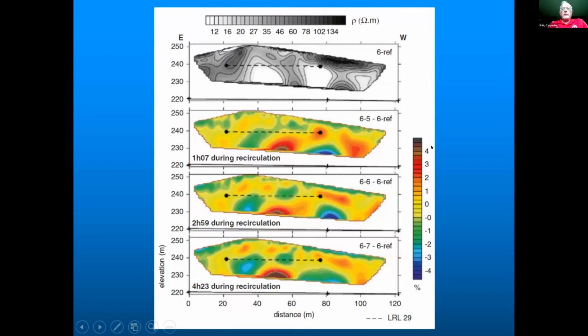So this is all in relative values, but she saw this area here develop. You can start seeing it here. This is a gas development area. So gas is actually being generated by the leachate recirculation. So that's pretty interesting.